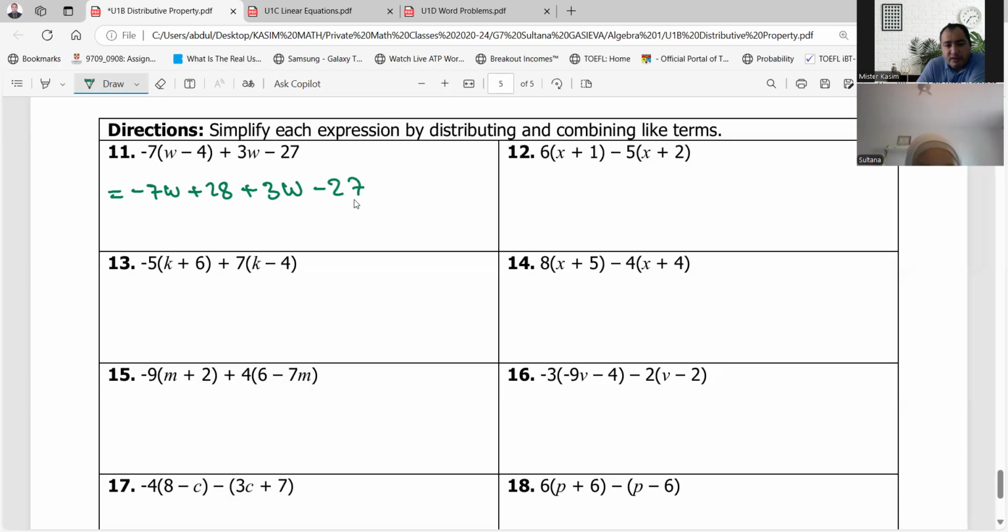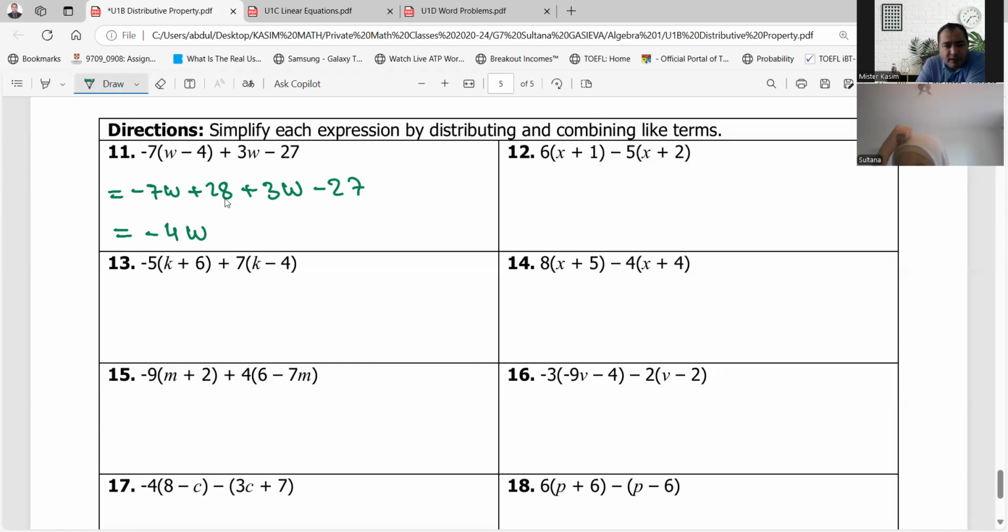Okay, plus here we have 3W minus 27. We have nothing here. And now we need to simplify like terms, right, Sultana? Look, negative 7W plus 3W. What is negative 7 plus 3? Negative 4. It's negative 4, right?